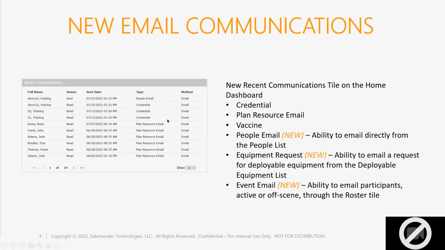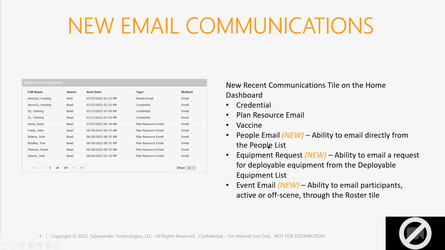That would also pop up in here. For those that have used the vaccine wizard, you know that there is an option to send a credential through that feature. And then below that, we've got 3 new additional email communications that were released with v68.